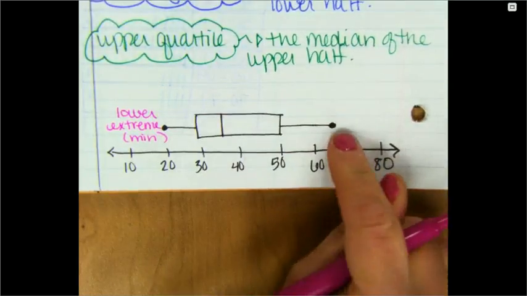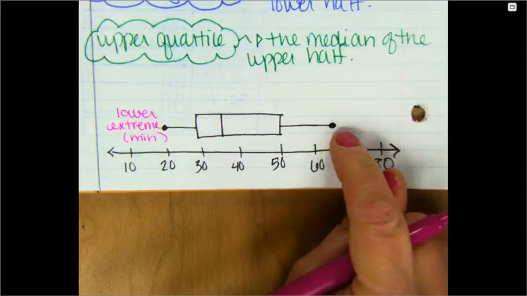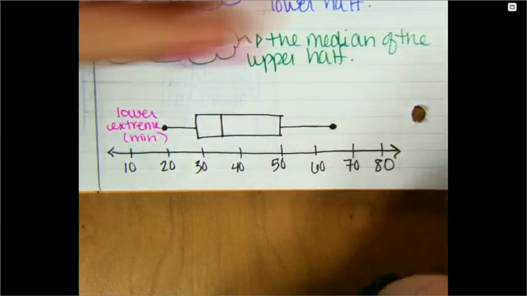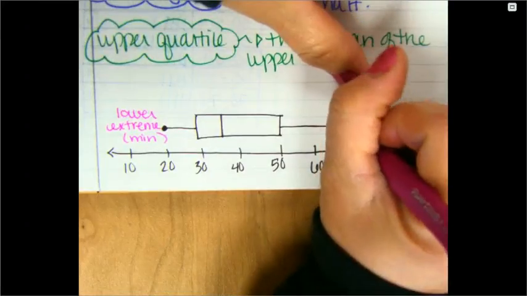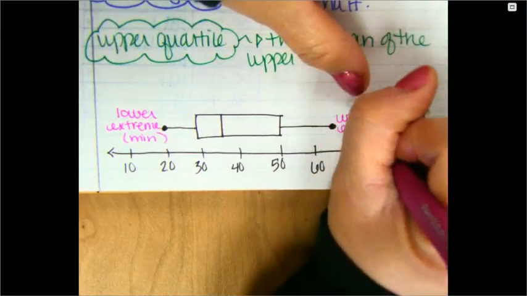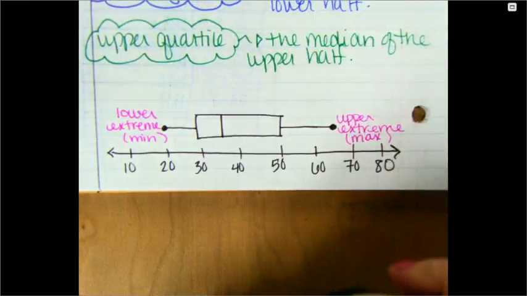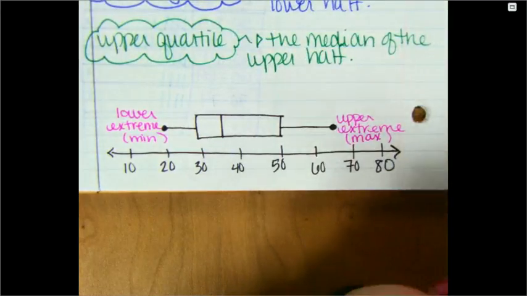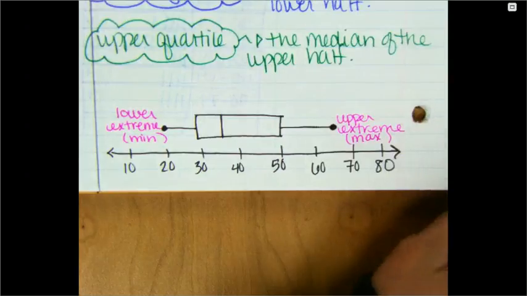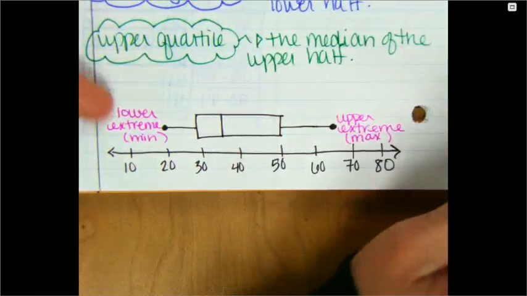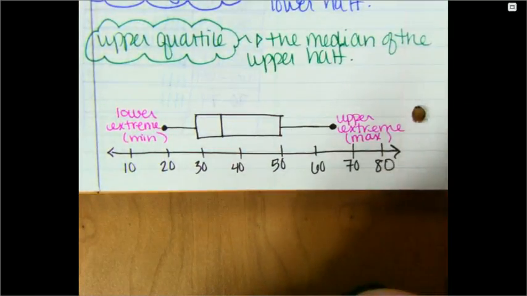Which makes this point over here your what? We're using the word upper, but yeah. It's your upper extreme, which we also know to be the maximum. Easy enough. So whatever the biggest number is, it's all the way over there. Whatever the lowest number is, it's all the way over there. And you'll put a point.